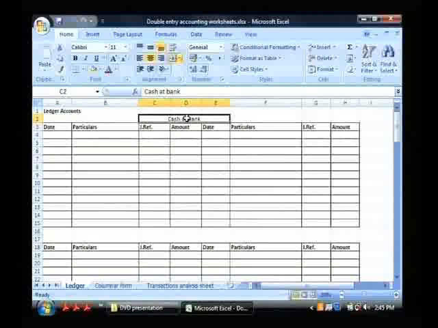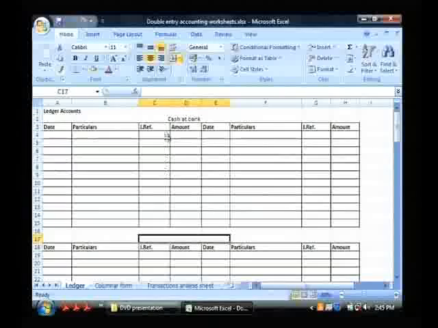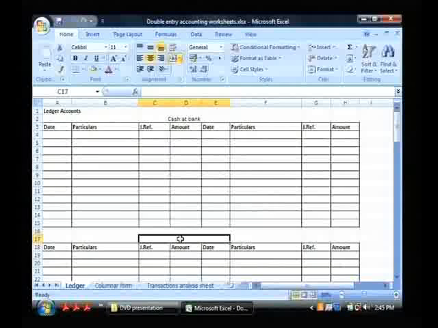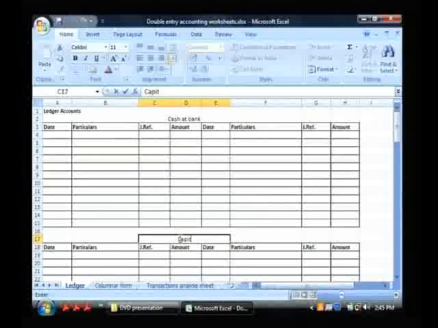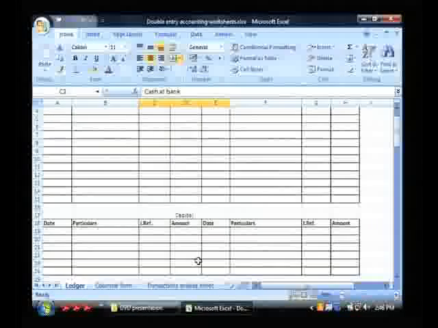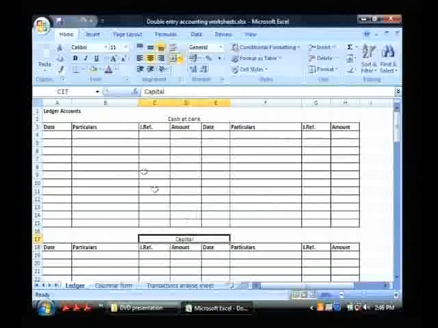Write the title here on top in the middle, and remember, we don't write account everywhere. When you write cash at bank, it is understood that it is the cash at bank account. When you write capital here, this means capital account. You don't have to write capital account, cash at bank account, rent account, and so on.